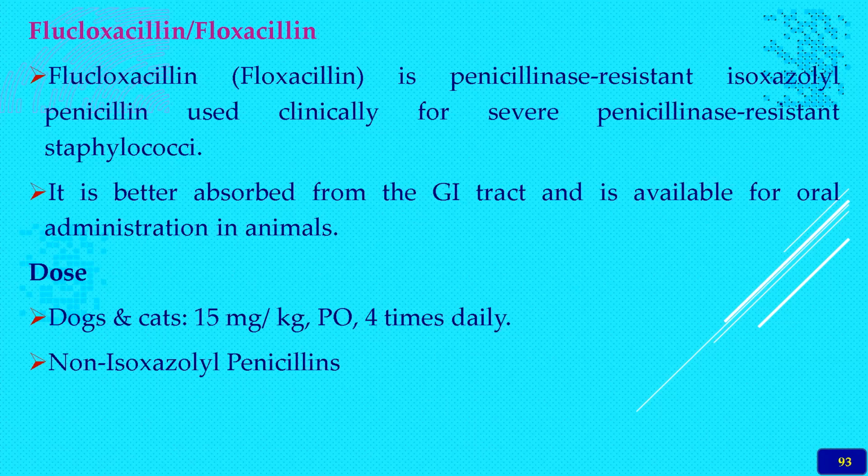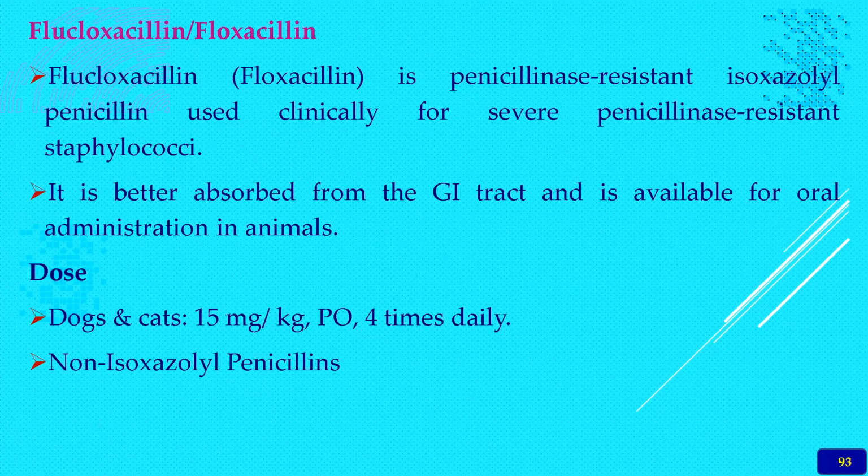It is better absorbed from the GI tract when compared to cloxacillin, and is good for oral administration to animals. The dose is in this same range, 15 milligram. So you need to remember the dose, especially of cloxacillin. If you remember it, then you can apply the same dosage range to all the similar drugs.